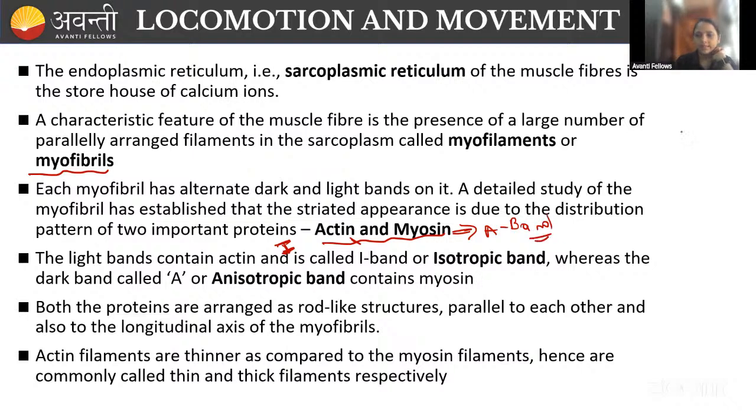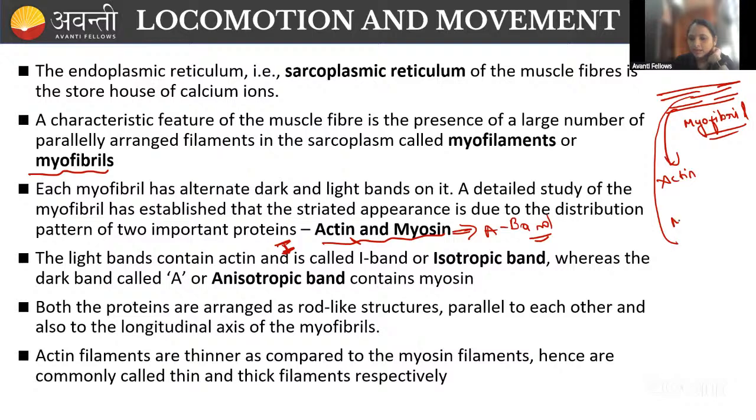Okay, you see here we have taken the myofibril, right? Inside this myofibril, there are actin and myosin filaments. This is the actin filament and the one in the center is the myosin filament, right?